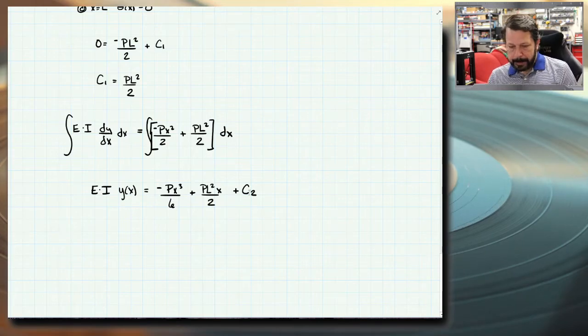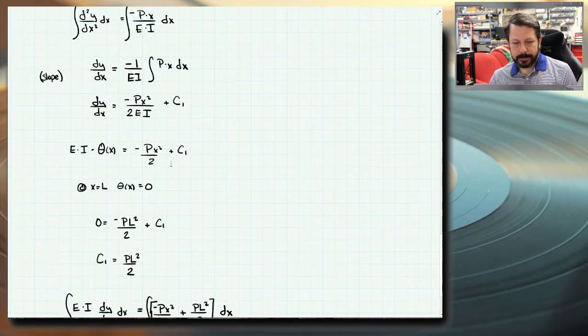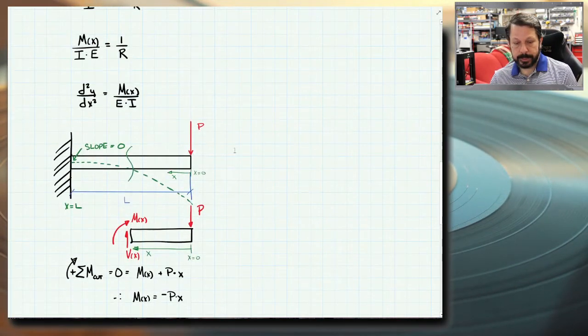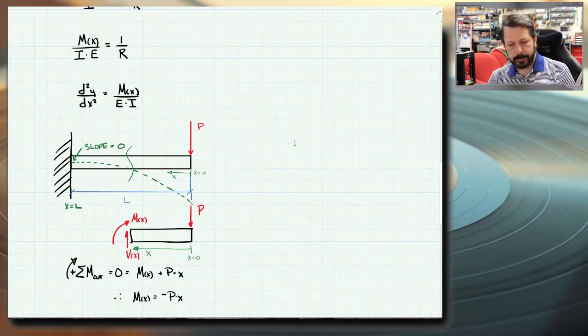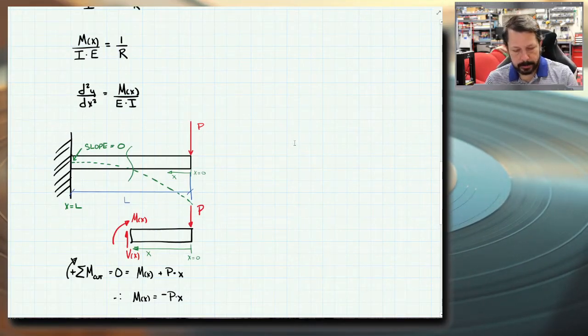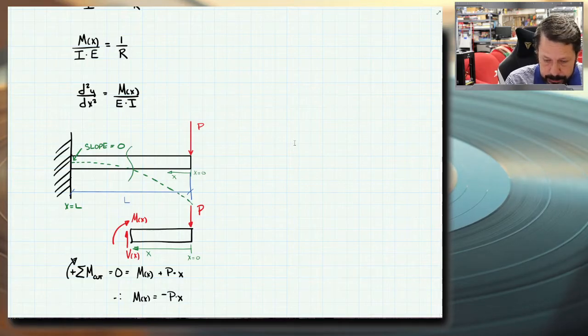All right. So going back to here, I also know that at x equals L, the deflection is equal to 0.